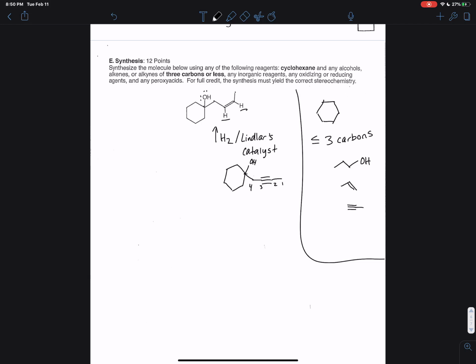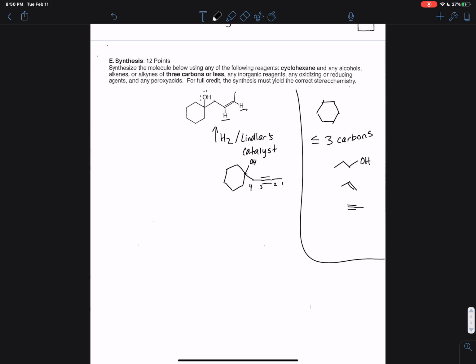That's going to attach. Okay, 1, 2, 3, 4, directly attached to the carbon that has the alcohol. Okay. So, what do you guys see? What functional groups do we have now? We still have the alkyne, and we have an alcohol.